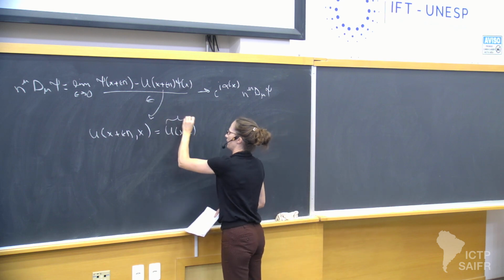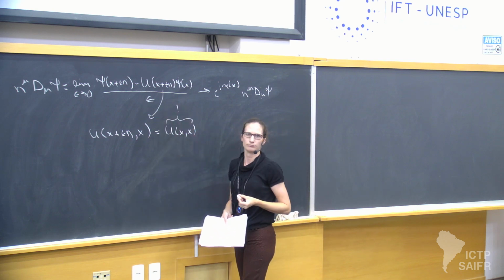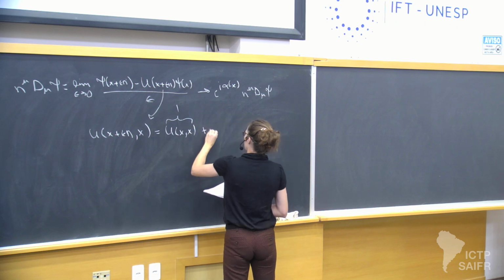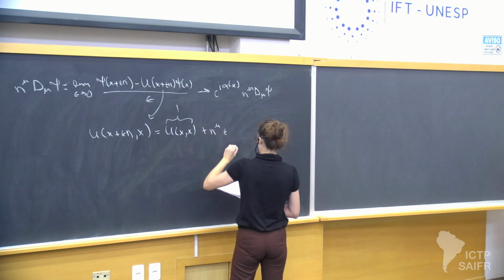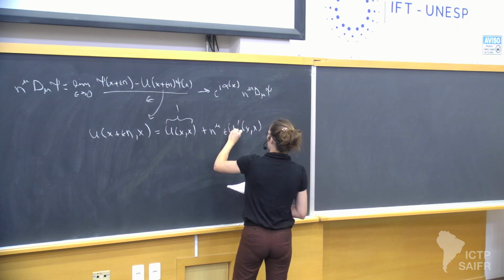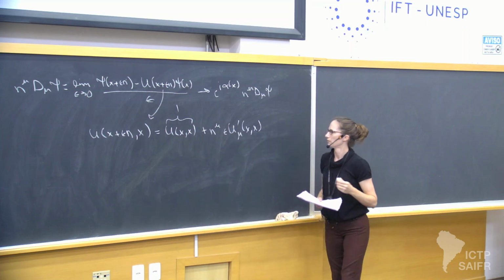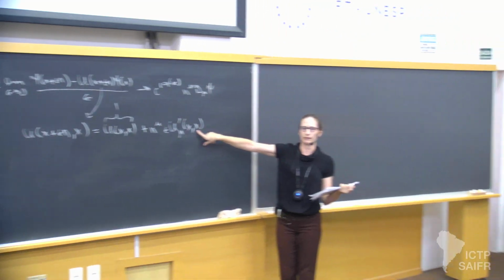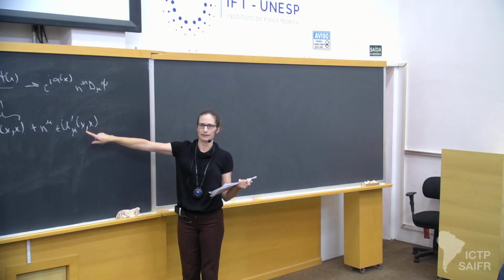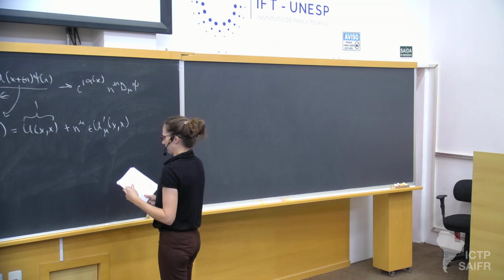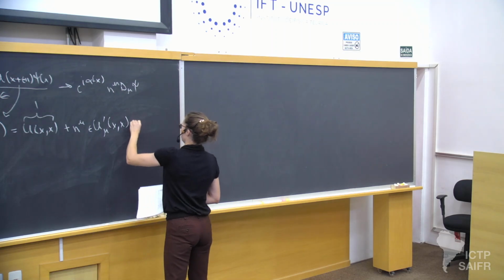That means we've done nothing, so it's just 1. And then the next term is of order epsilon, and it goes like a derivative at the point x. So this doesn't have to be 1 because I take the derivative first and then I set the two points equal to each other, and then there's more.